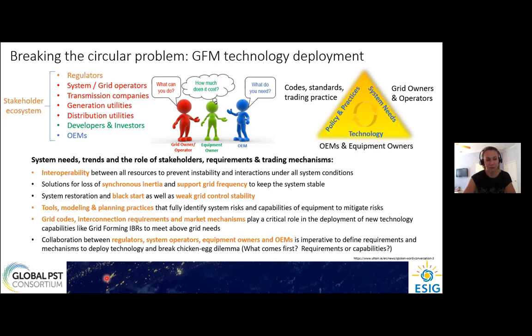And then to come to the last point, this requires collaboration between regulators, system operators, equipment owners, and manufacturers to define requirements, mechanisms to deploy this technology, and also to break this chicken and egg problem that I keep talking about.